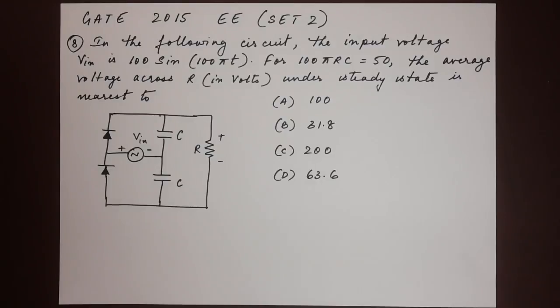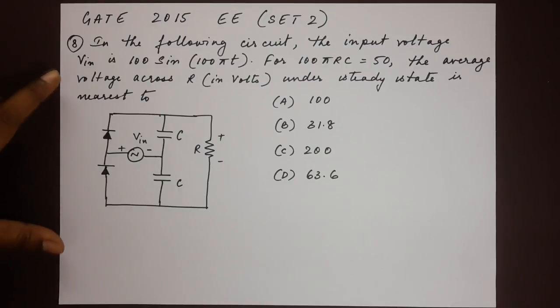Okay, so please observe the figure given to us. Now, when the two diodes are operating, they operate only in terms of half cycle, positive half cycle of the input voltage and negative half cycle. So here they take turns because of the positive half and the negative half.